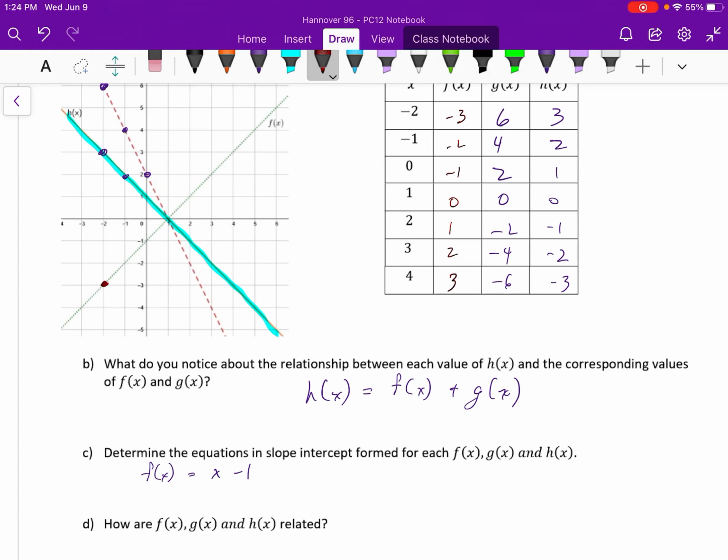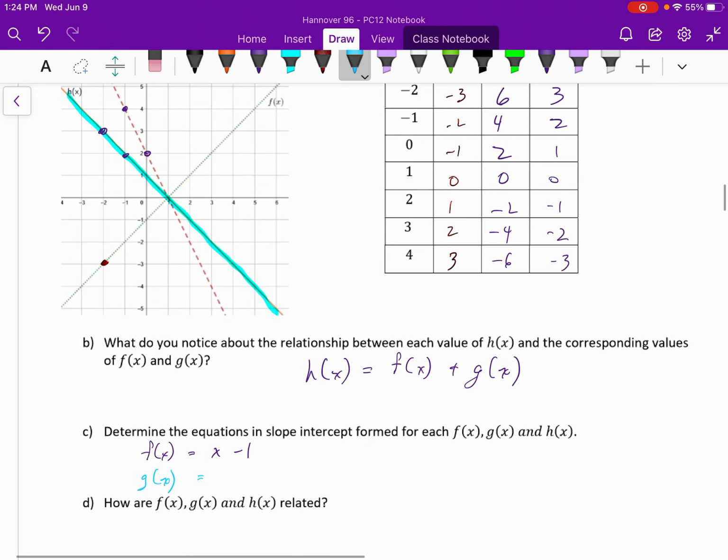G of x is going to have a slope of negative 2 and a y-intercept of positive 2. So f of x is equal to x minus 1, where g of x is equal to negative 2x plus 2. And h of x just so happens to be negative x plus 1.